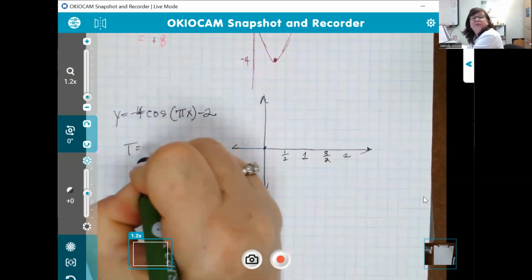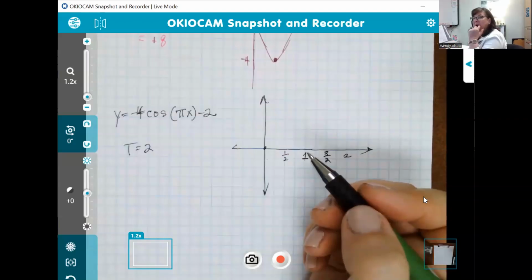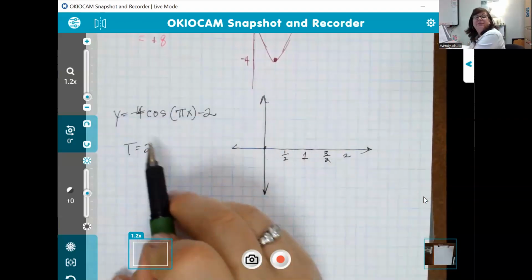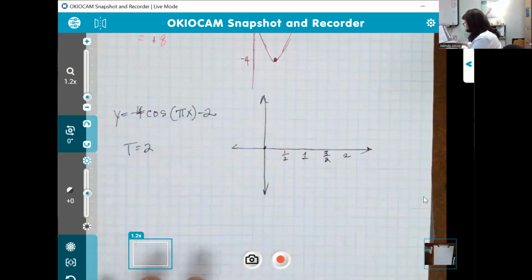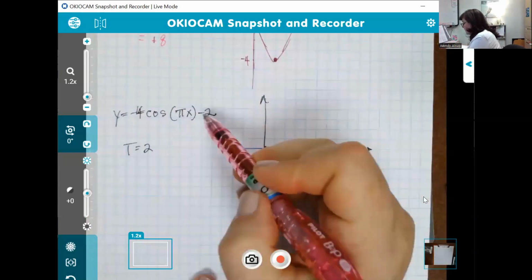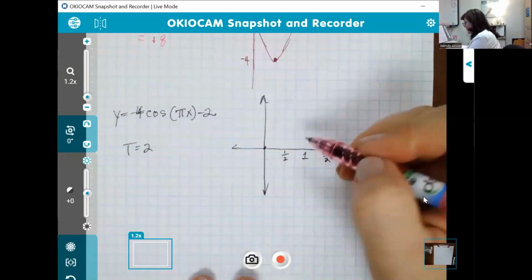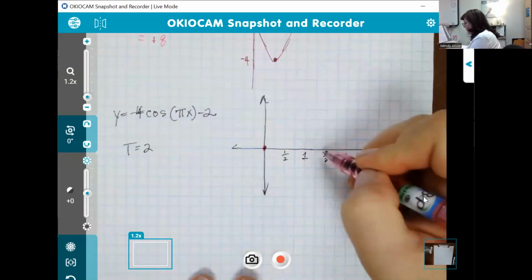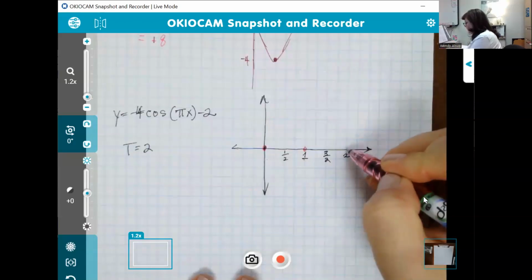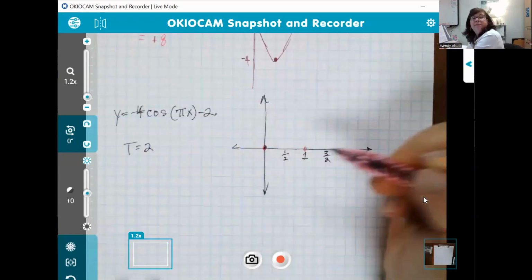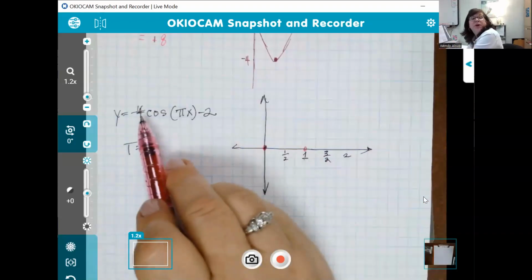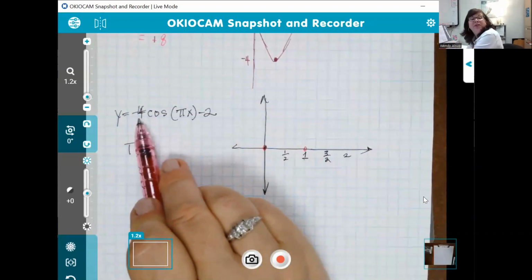Our period equals 2. We are going to be flipped upside down, and we're going to pick it up and move it. I'm going to graph it first without moving it. Cosine starts at 1, but we're going to go up to 4, except we're inversing it.